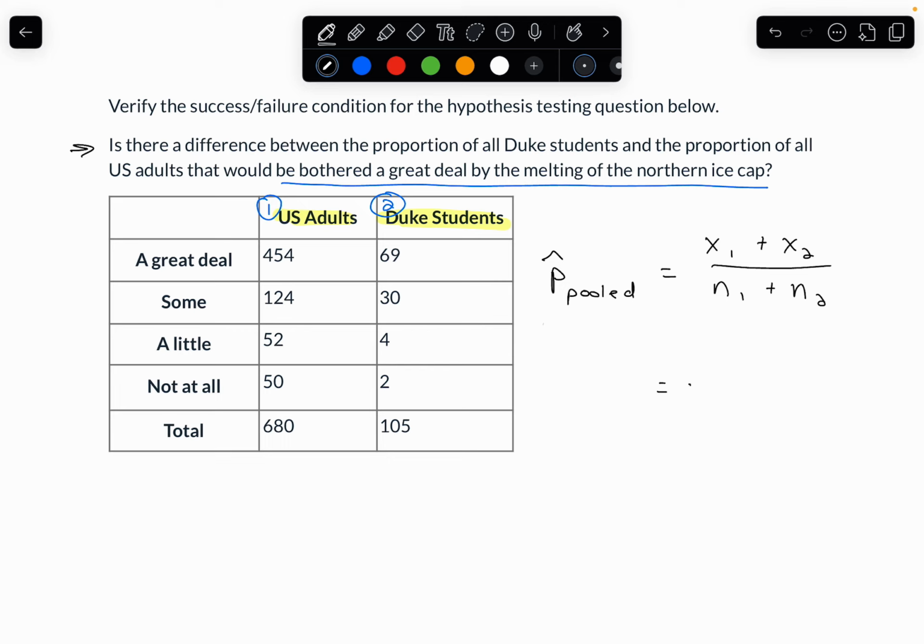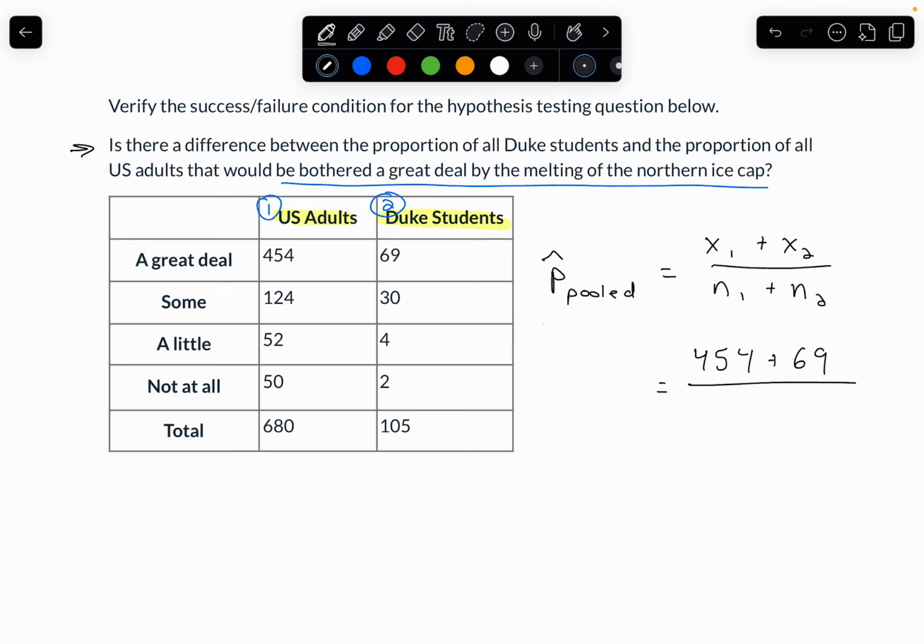So I'm going to take the total number of U.S. adults that said they would be bothered a great deal, which is 454, and then I'm going to add to that the total number of Duke students that said they would be bothered a great deal, which is 69, divided by n1 plus n2.